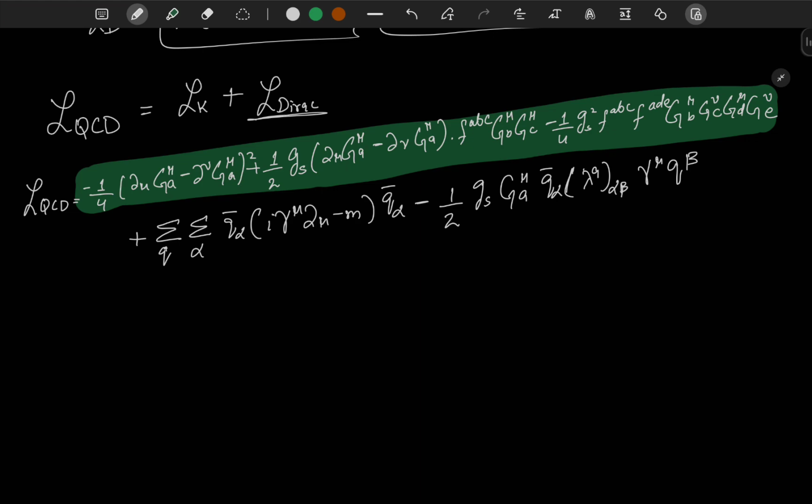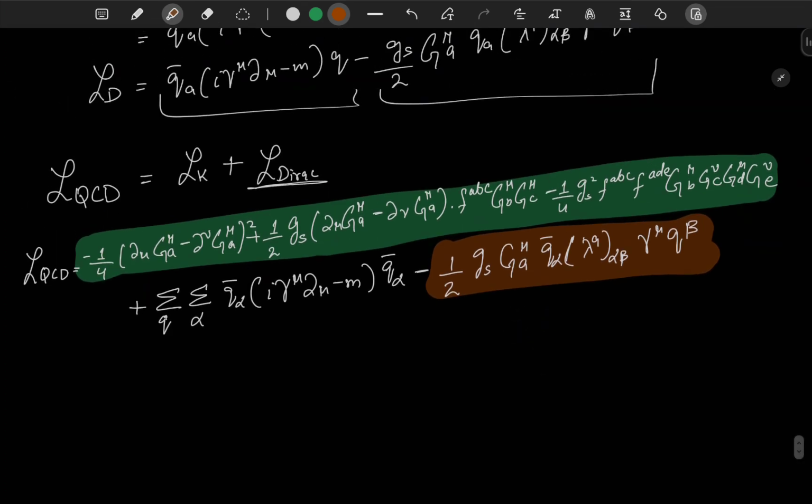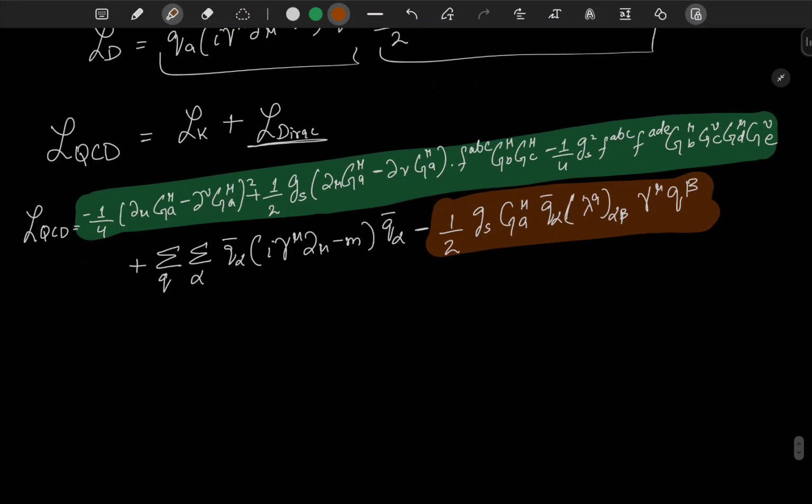And this term right here is the interaction of quarks and gluons. So yeah, this Lagrangian is very rich. So gluons are also going to interact with themselves. Yeah, that's it.